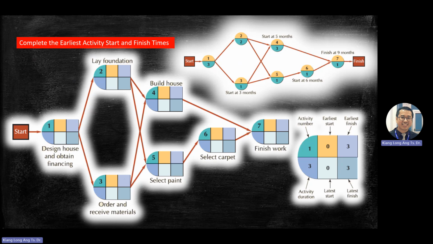So be careful if the question asks you, what is the minimum completion time? This actually asks you the opposite meaning. It asks you to tell me what is the time that you can commit to the customers. In this case, it's 9 months.